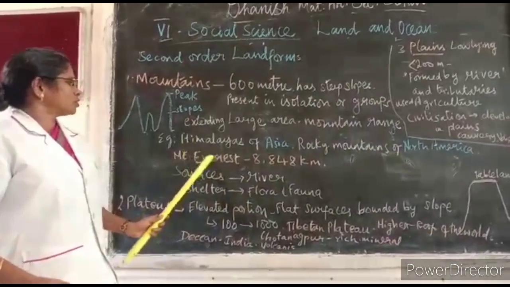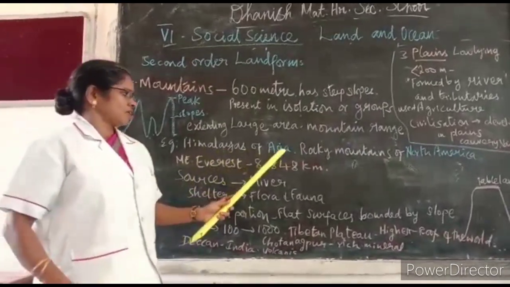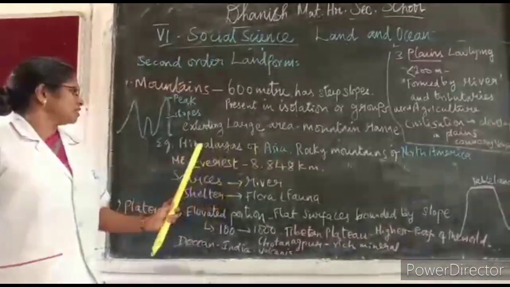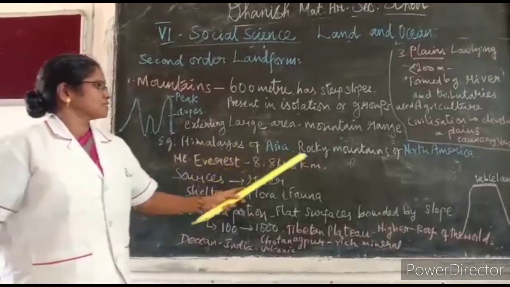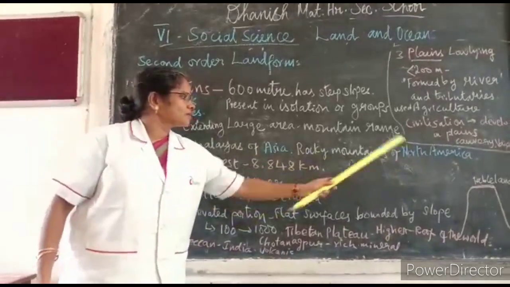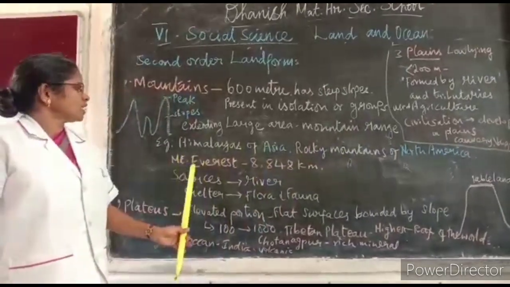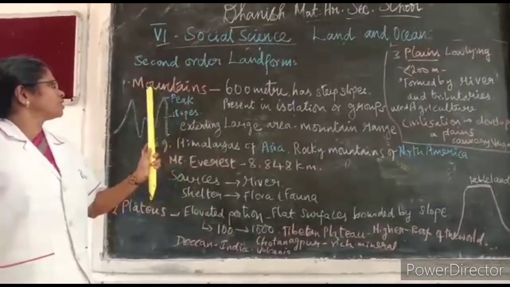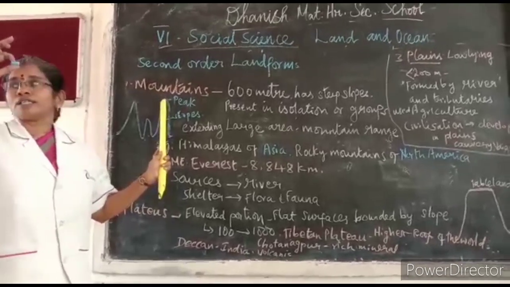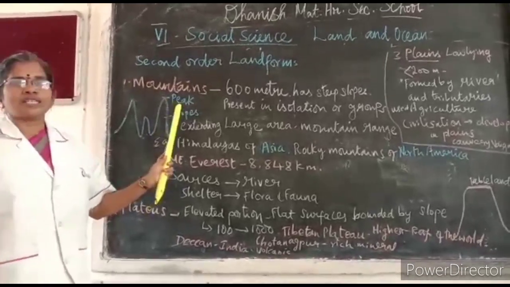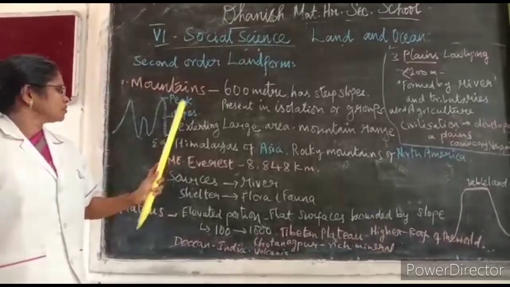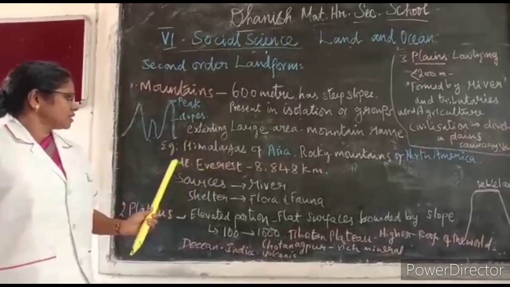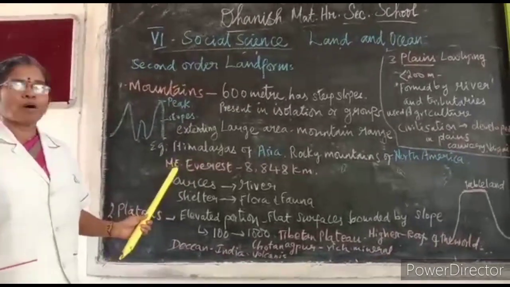Examples of mountains are the Himalayas of Asia, in India, and the Rocky Mountains of North America. The highest point on a mountain we call the peak. The peak in the Himalayas is Mount Everest.